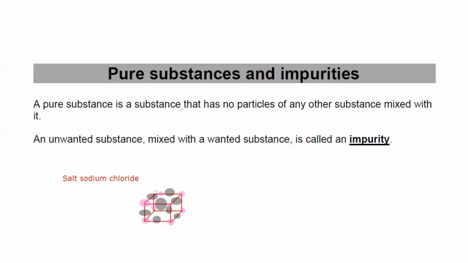two substances. But what will happen if I add another substance? For example, if I add iron now. I was having a salt, sodium chloride, but I add another substance, iron, here.